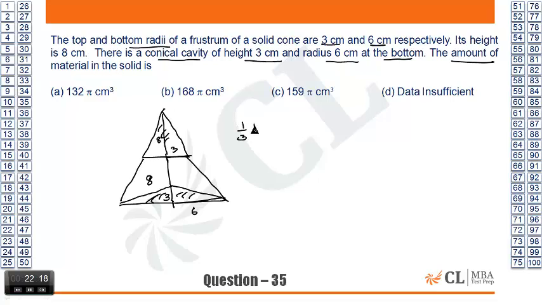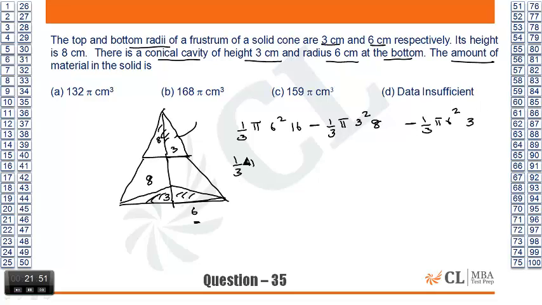So the total volume of the cone is 1/3 pi r square, which will be 6 square into the height, which is 16, minus, I need to take this cone, 1/3 pi r square, which is 3 square into the height, which is 8, minus 1/3 pi 6 square into the height, which is equal to 3.